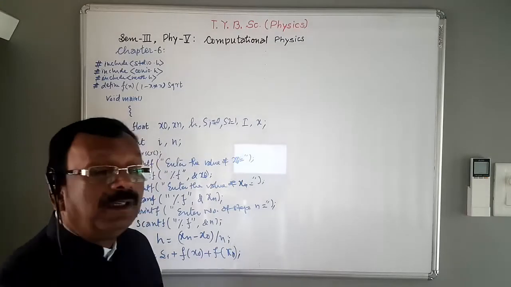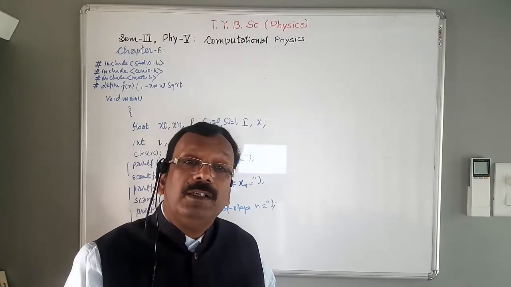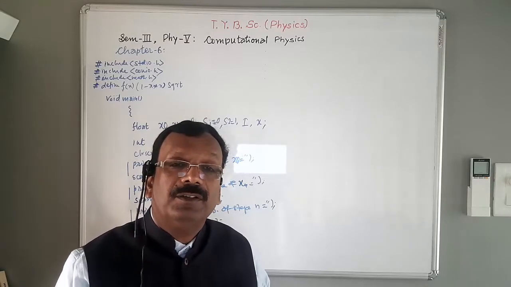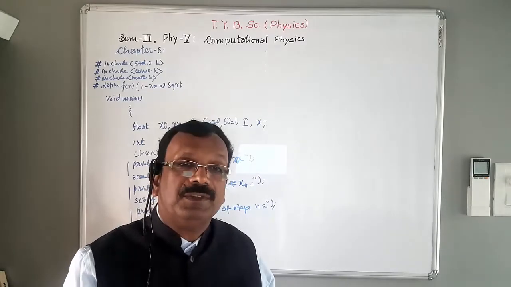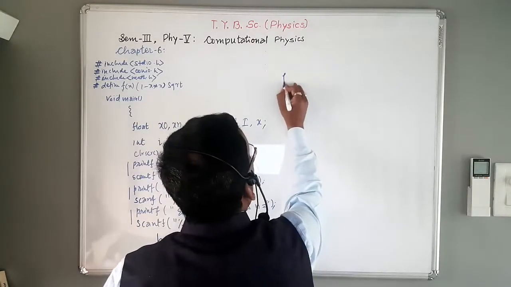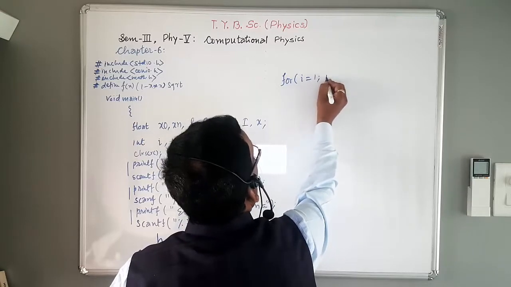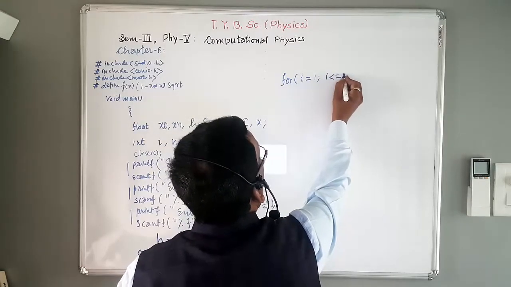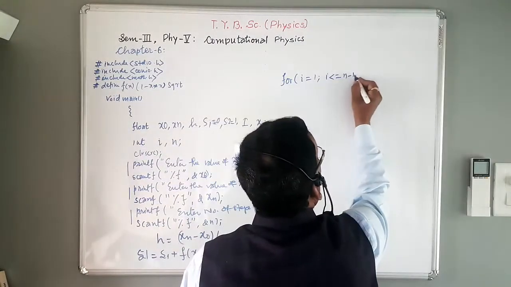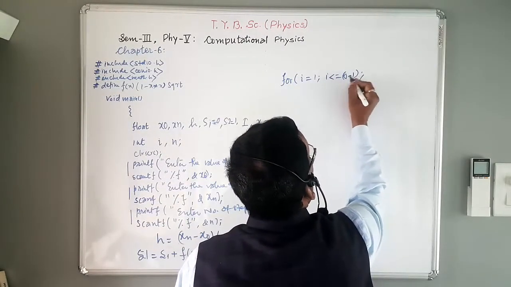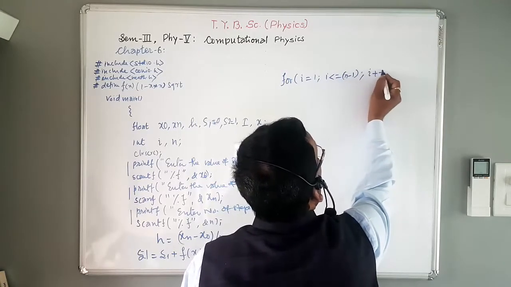Then we have to repeat the procedure for the number of iterations or number of steps, and for that purpose a for loop is used, for i equal to 1, i less than or equal to n minus 1, and we increase the step by 1.